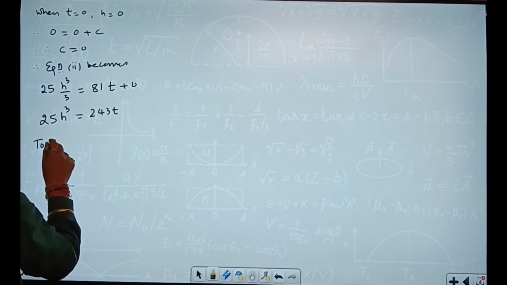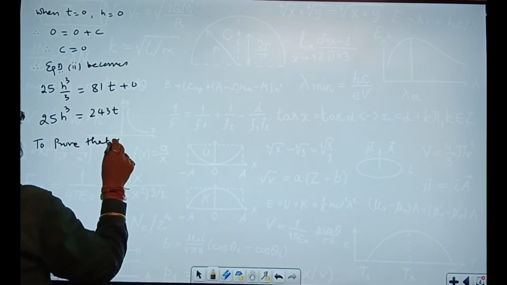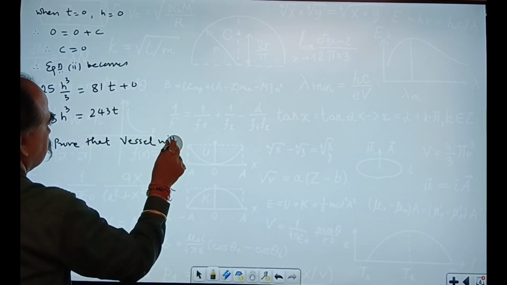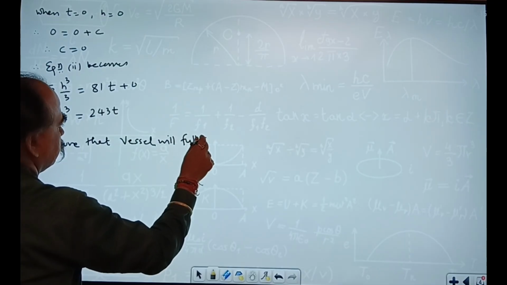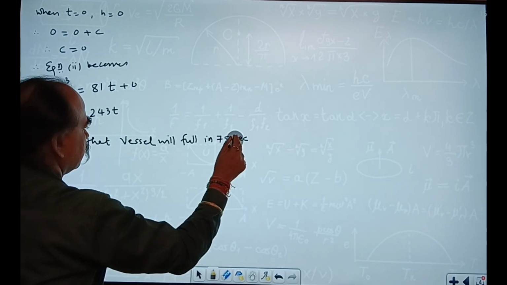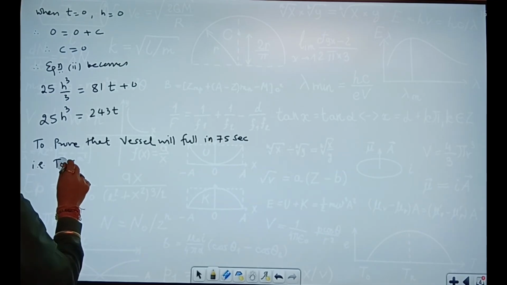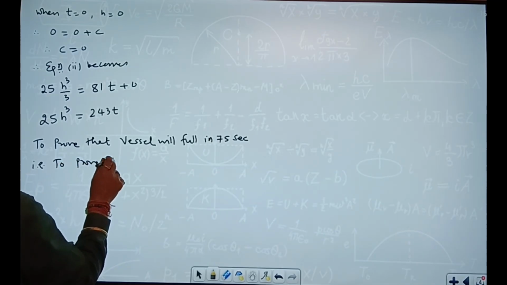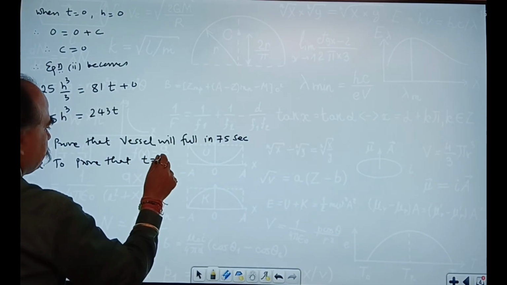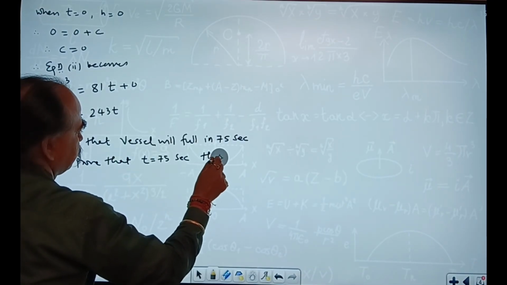To prove that the vessel will fill in 75 seconds, that is, to prove that when t is equal to 75 seconds, then h will be 9.